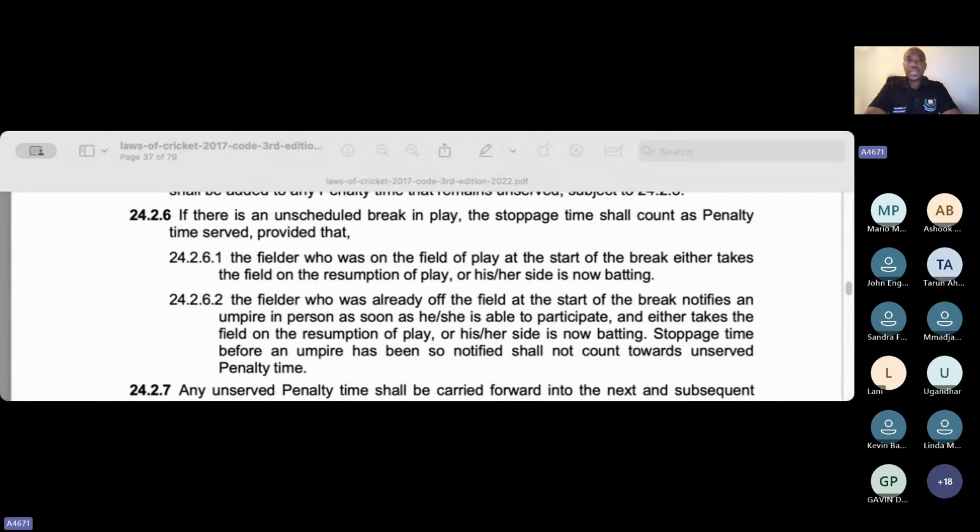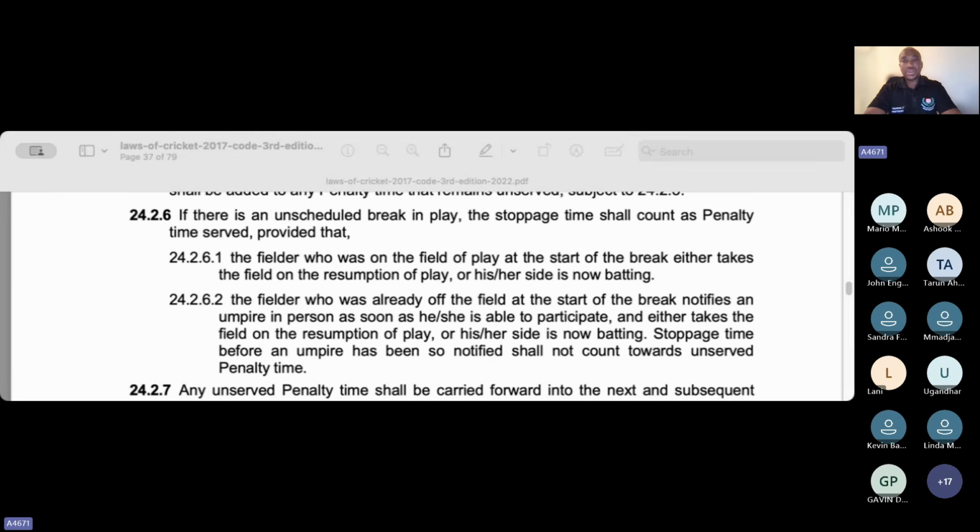Kartikeyan, when 5 wickets fell in Team B's first innings, that was the end of John's penalty time. Yes, he only served 20 minutes of penalty time, but 5 wickets down constitutes the end of the penalty time. It will not be carried forward into the third innings.